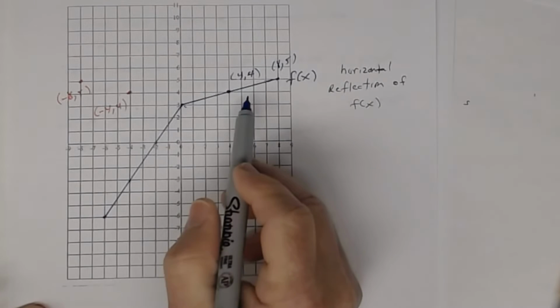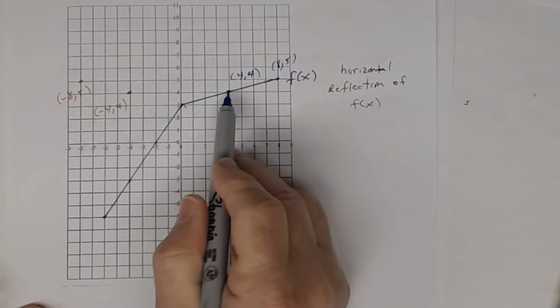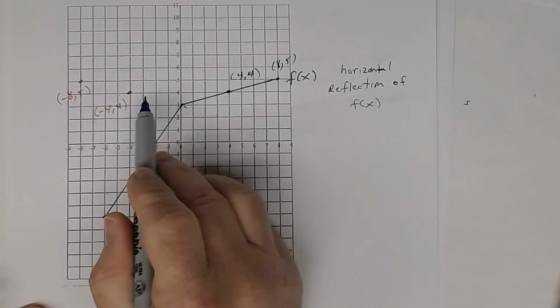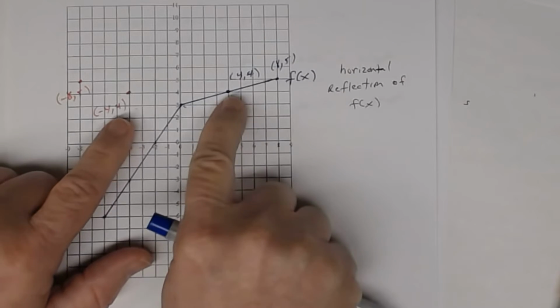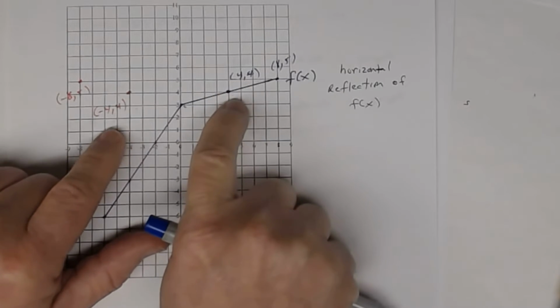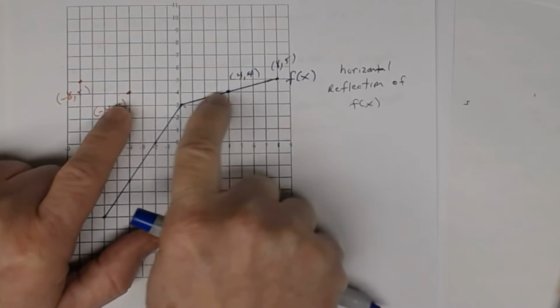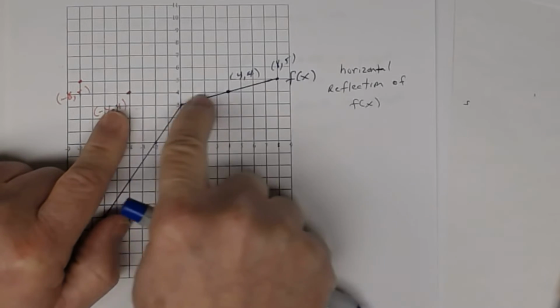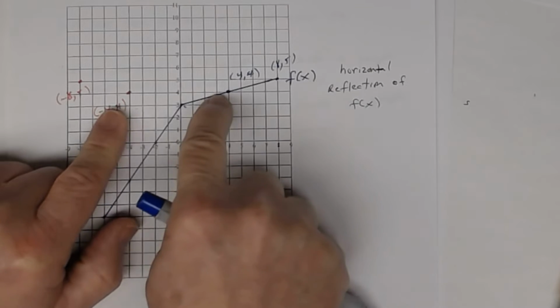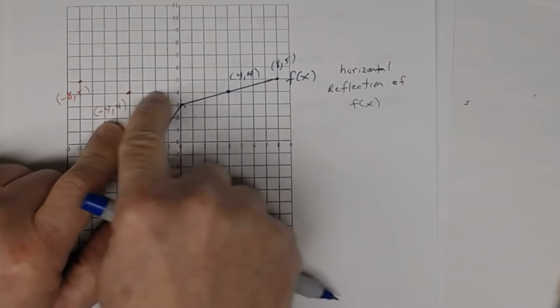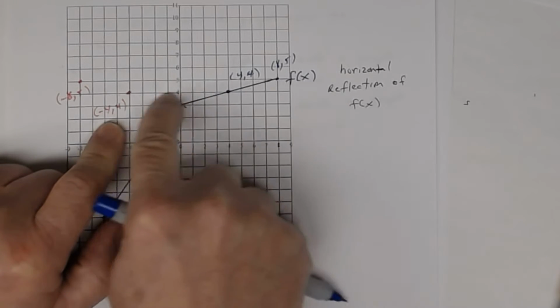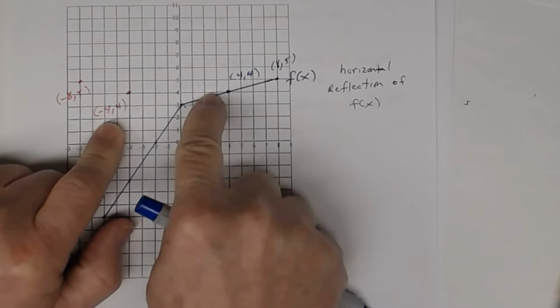What I want you to notice is this. Whenever you do a horizontal reflection, the y-coordinate stays the same. Kind of makes sense, right? Because those two points are horizontally the same, they're on that horizontal line right here.